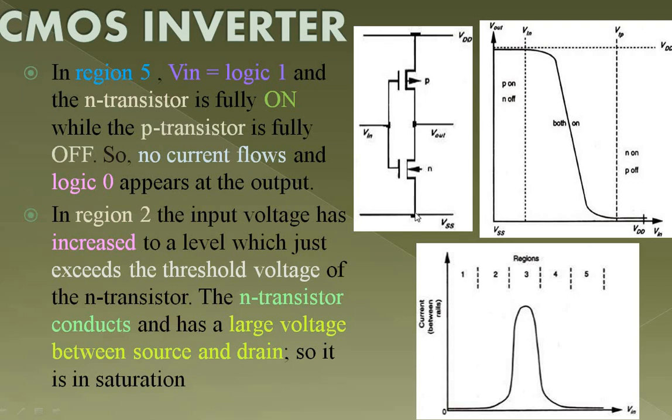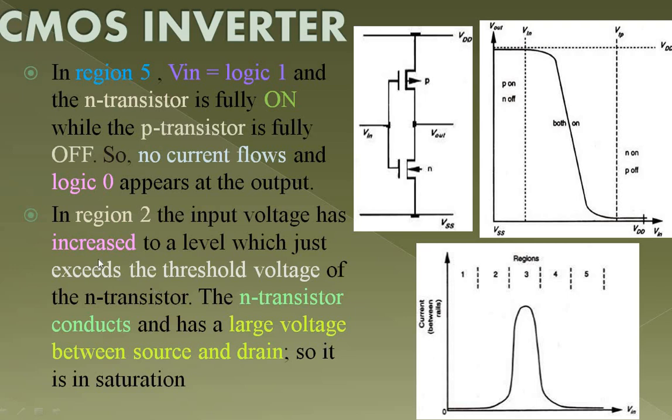Already it is discharged, it is connected to the ground. So you will be getting output as 0. There is no path from your current source or the rail. This is closed, this is open, and it is connected to the ground. So if you give logic 1 as the input, you get the output as 0.